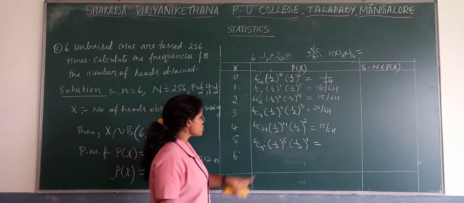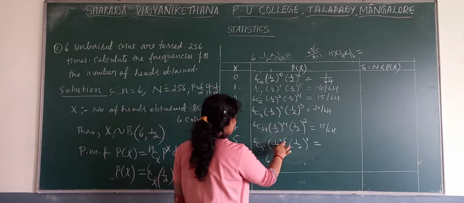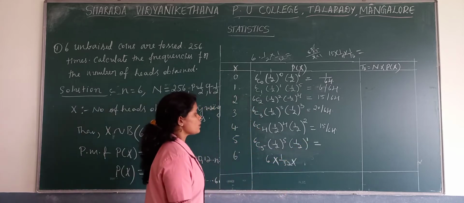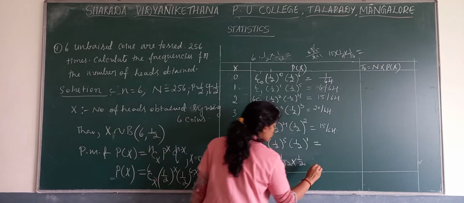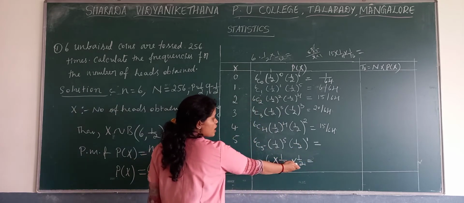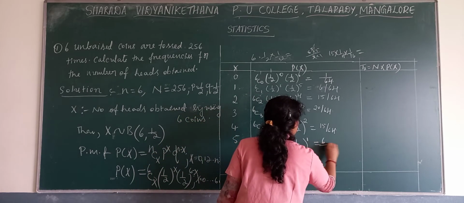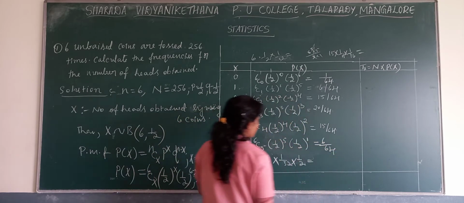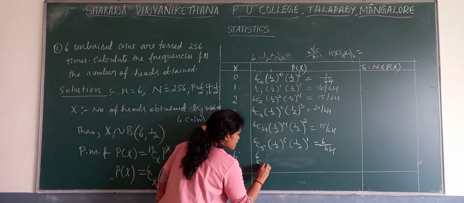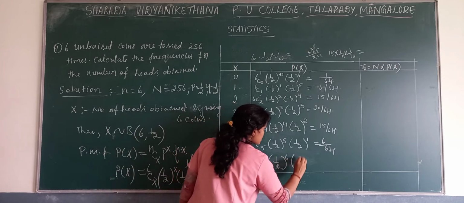If you solve this, you get 6 into (1/2)^5, that is 1/32, and (1/2)^1, that is 1/2. When you multiply 6 into 1/32 into 1/2, you get 6/64.